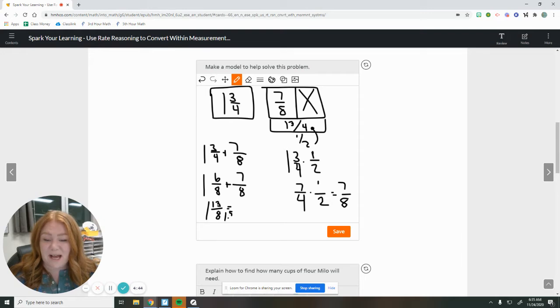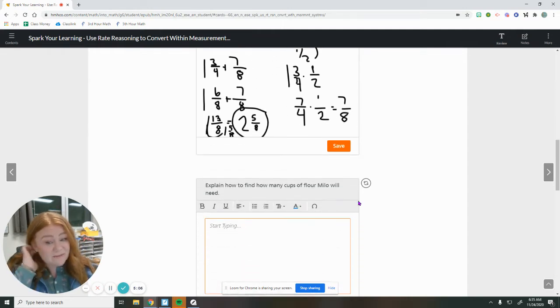So here's 5 out of 8. So here's 1 plus 1 is 2 and 5/8. So my total is that they need 2 5/8 cups in order to make the 1.5 batches of muffins.